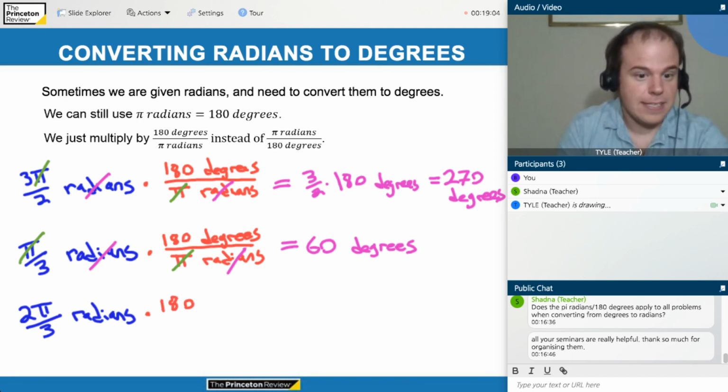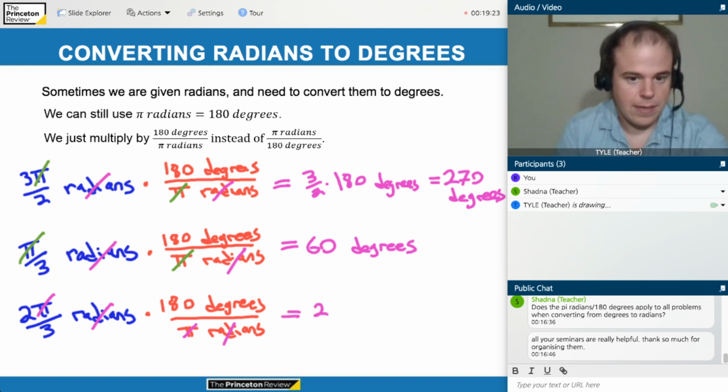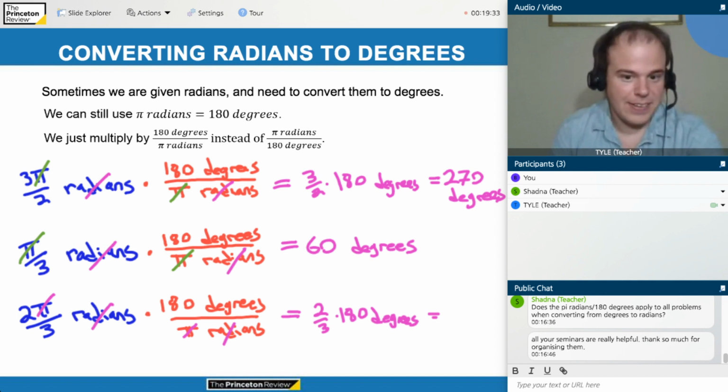But I'll still just use this same process, 180 degrees divided by pi radians. As usual, it looks like the pi's cancel. The radians also cancel. And so in the end, I have 2/3 of 180 degrees. And that is indeed 120 degrees. 2 times 180 is 360. Divided by 3 is 120.